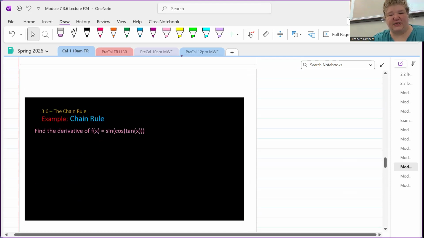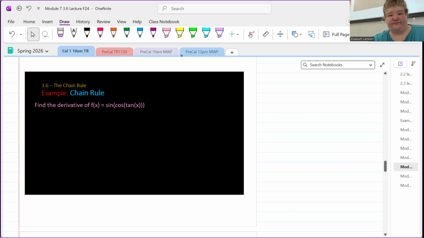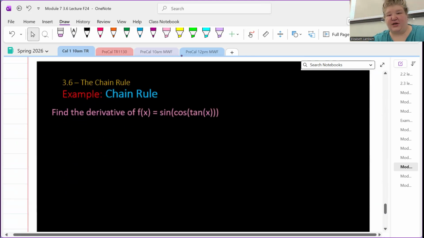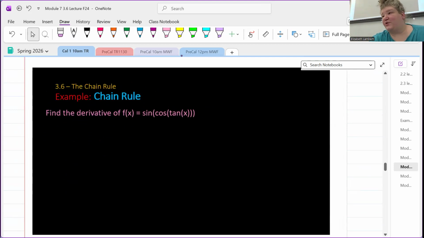All right, so our next one, we're going to have a chain rule inside a chain rule. So this one's going to look really silly.